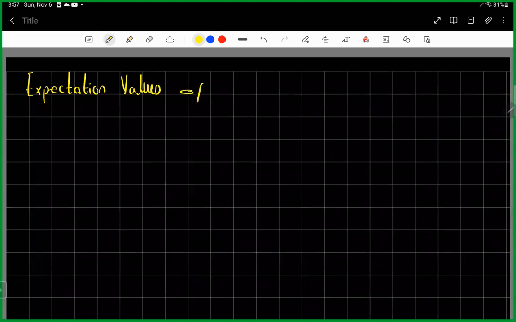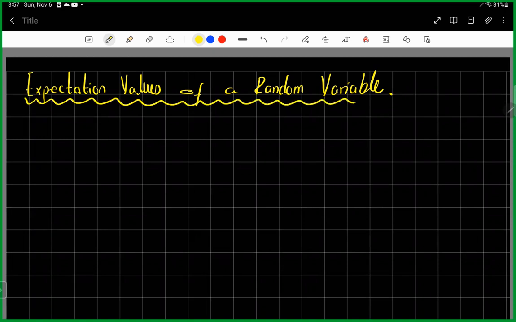This is now getting interesting with respect to probability theory.